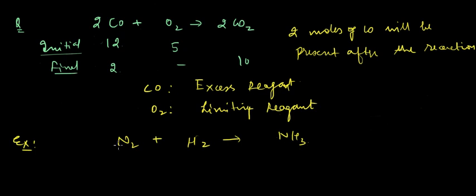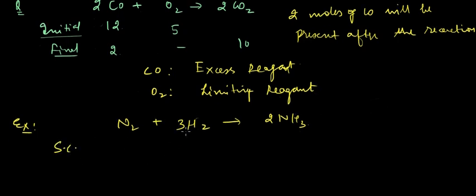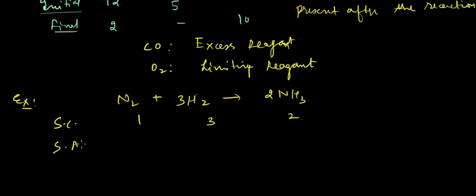Let's balance the equation. 2 hydrogen atoms are present, so we have to write 2 here. 6 hydrogen atoms are present here, so we have to write 3 here. What are the stoichiometric coefficients here? They are 1, 3 and 2, and the stoichiometric amounts for the initial phase would be 1 mole, 3 moles, and finally we would have 2 moles of NH3 present.